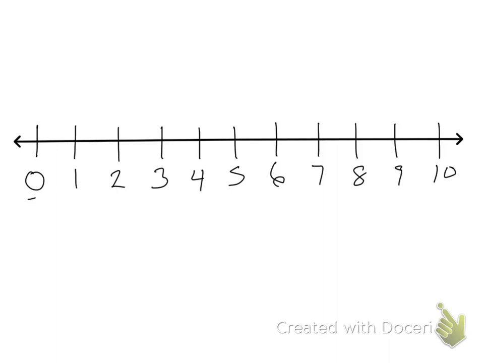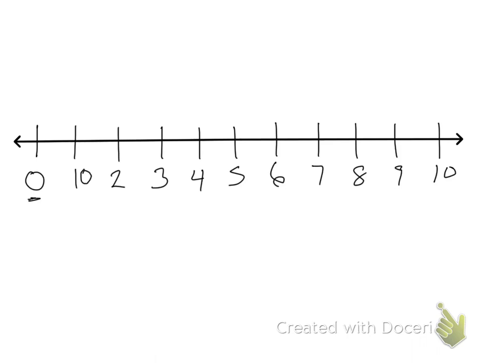So if I want to make this a scale of 10, I'd have to multiply each number by 10. So 0 is going to stay the same because 0 times 10 is 0. When I multiply a number by 10, I can add a 0 to the end of each number.